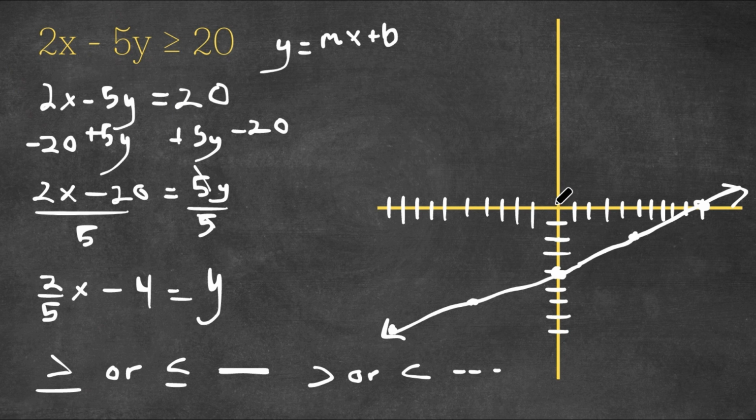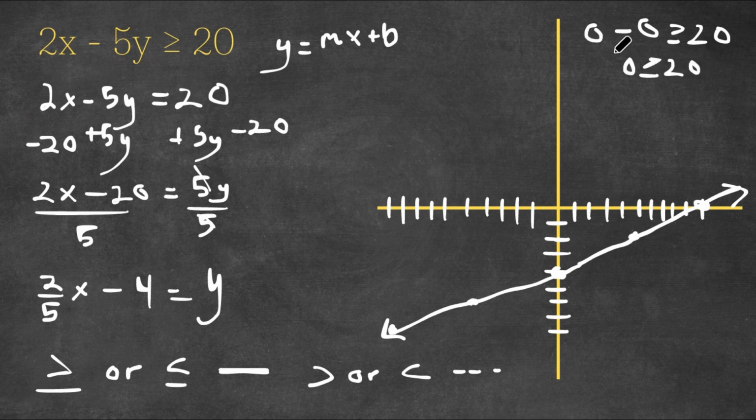So let's go ahead and plug the origin into this inequality. You don't have to use the origin, you can use any point, but it's simpler to do 0, 0. So if I plug in 0, 0, I get 0 minus 0 is greater than or equal to 20. 0 minus 0 is 0, so I have 0 is greater than or equal to 20.